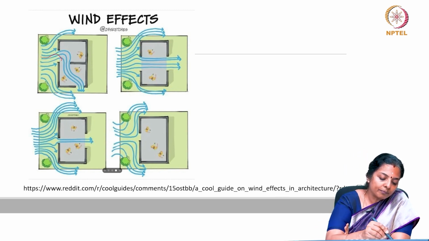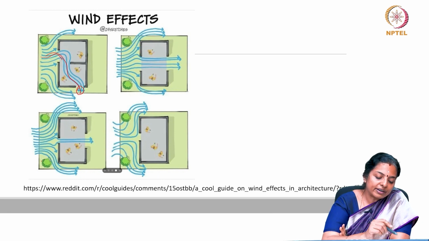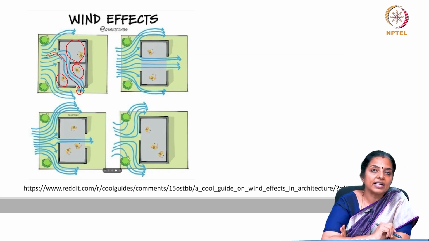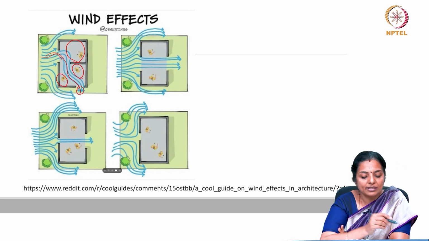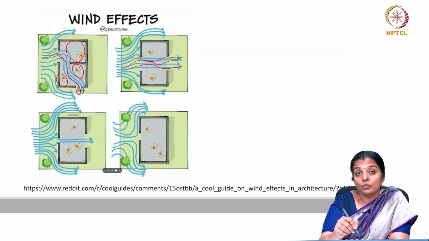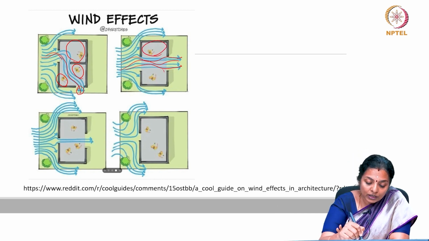Now, if you have an inlet and an outlet in diagonally opposite directions, you would get it ventilated. Cross ventilation will happen, but you see a large part of the room remains unventilated, or there is no breeze movement. This is not a good scenario because wind is passing through the house. The house will have ventilation in terms of good indoor air quality, but the breeze will not touch the human being.